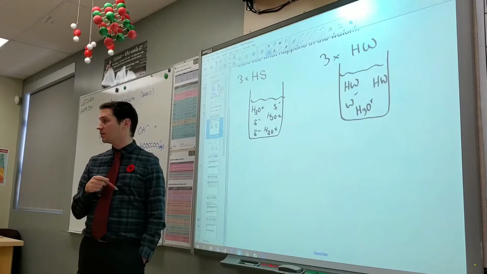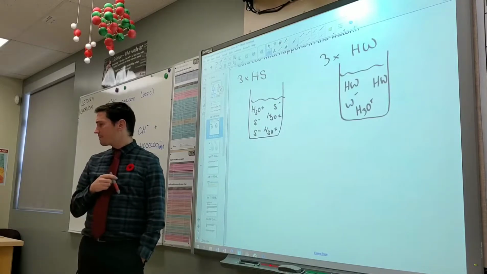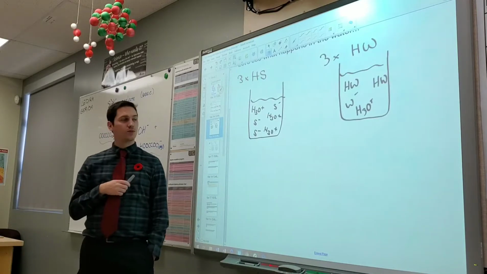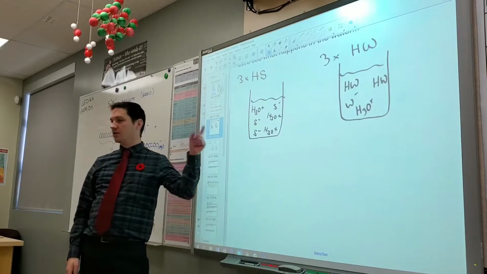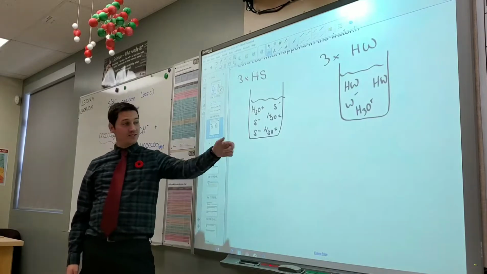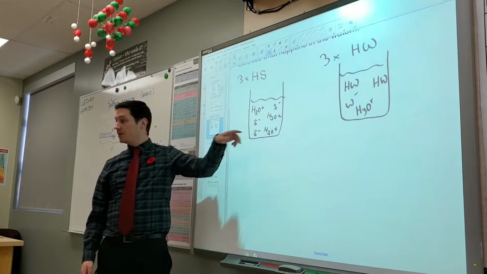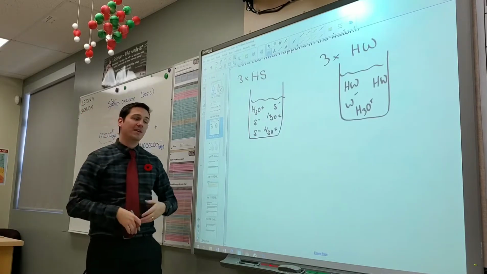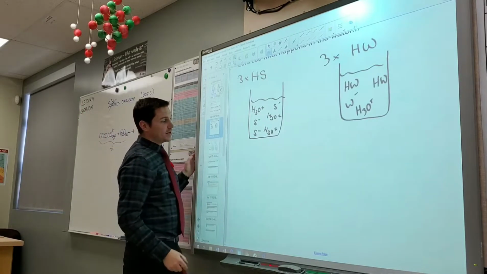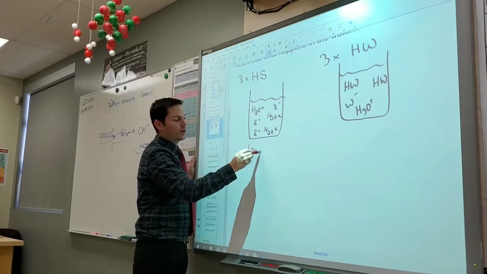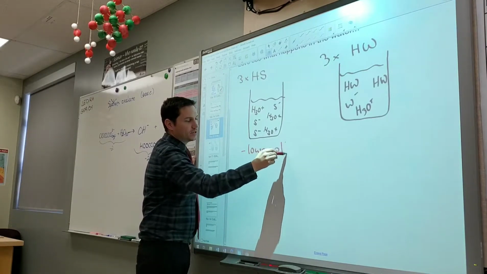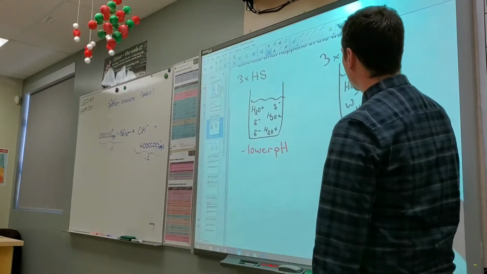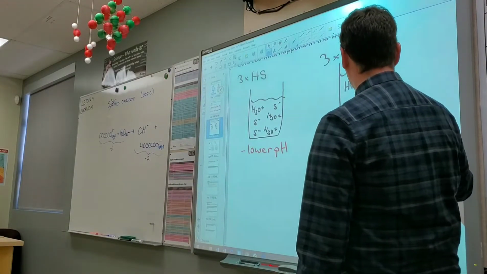Yes. Which one is going to have a lower pH, the left side or the right side? The left side is. It's going to have a lower pH because it's got more hydronium, and remember that negative log is like an opposite. This one is going to have a slightly higher pH.